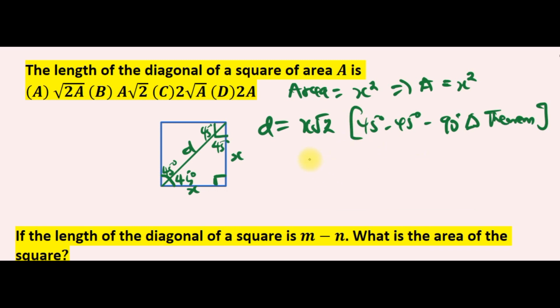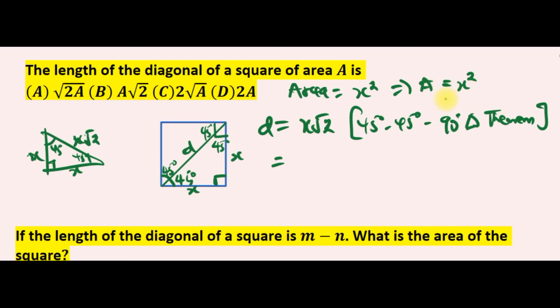It states that if you are given a 45, 45, 90 triangle, and here is s, here is s, whatever is opposite 90 will be s root 2. So it's very easy to understand. So d is x root 2. We need to write x in terms of area.